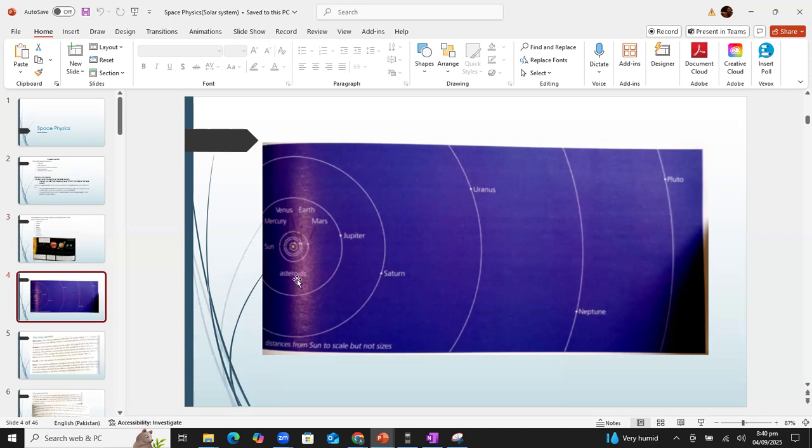You can see all 4 planets are very close to the sun, and the outer planets are Jupiter, Saturn, Uranus, and Neptune. They are very far away from the sun. All right. So there are many similarities between the solar system and the atom. Are you understanding this, students?